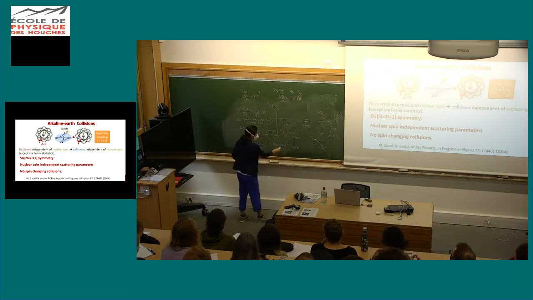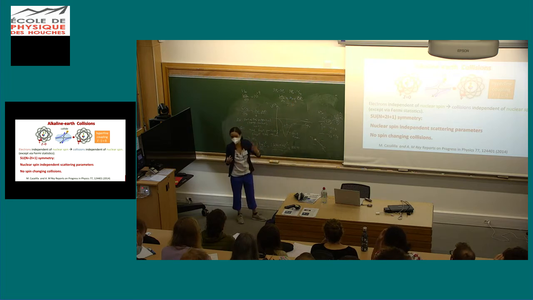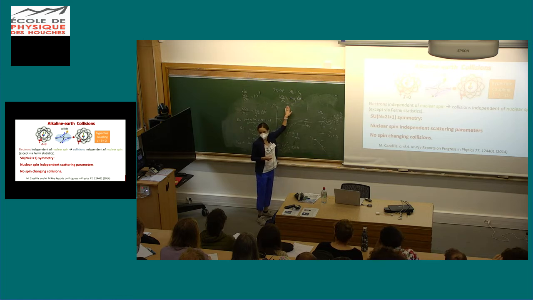The hyperfine is of the order of 300 megahertz. So then you get a number of the order of 10 to the minus 3, six orders of magnitude larger than the violation of the SU(N) symmetry in 1S0, but still very small. And we have not been able to measure that deviation for the moment. So this is just a bare estimate of how this symmetry is violated.